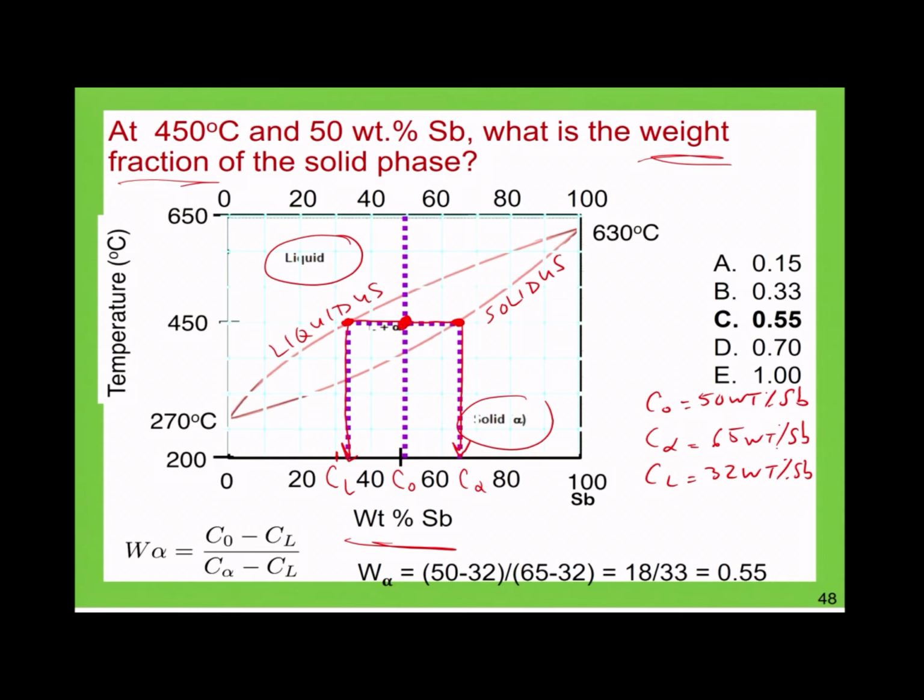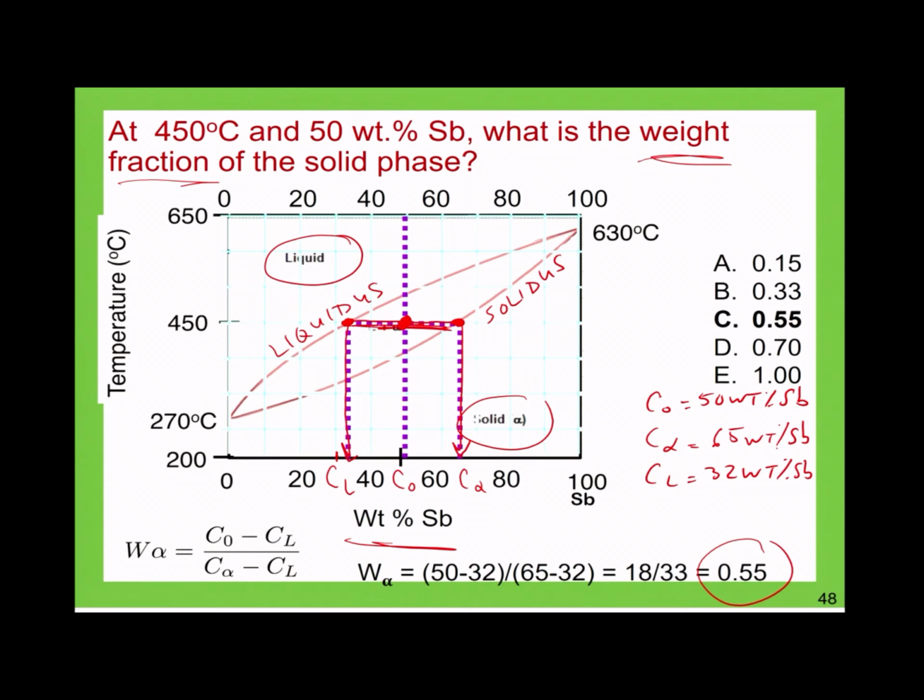So when you calculate the weight fraction, or the mass fraction, of the solid phase, or the alpha phase, you get this. Now, if it were an open-ended question where you're supposed to provide the answer, you would provide such a number. If it were multiple choice, your life gets a little bit easier because you look at the tie line.